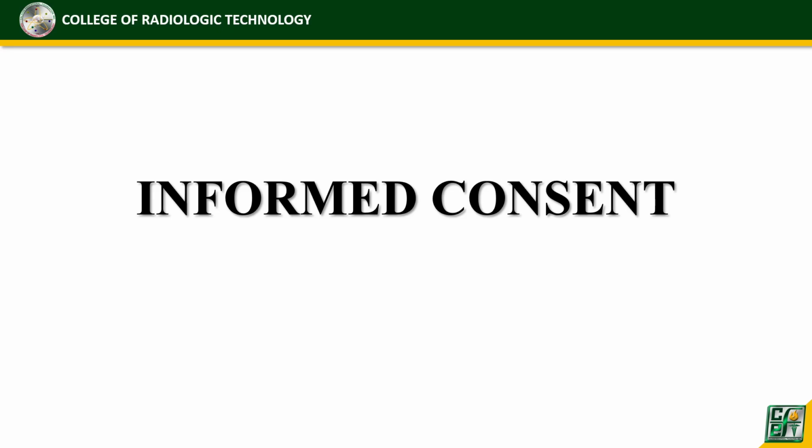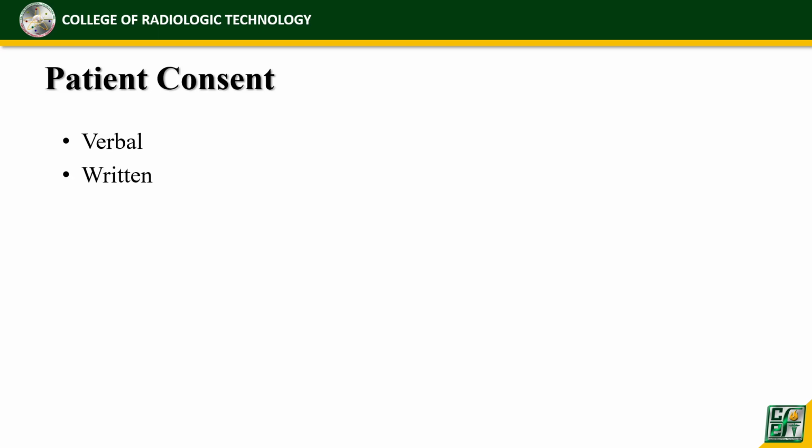Okay, so informed consent. So first we must discuss what patient consent is. Okay, so patient consent can be given either verbally or written or implied. Okay, so verbally by means of words and written by signing a particular document.